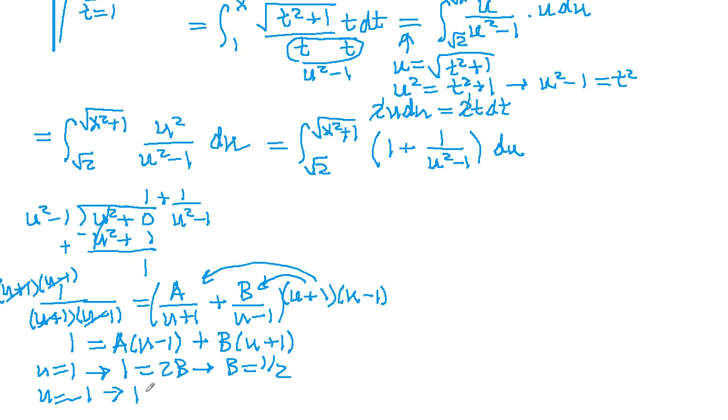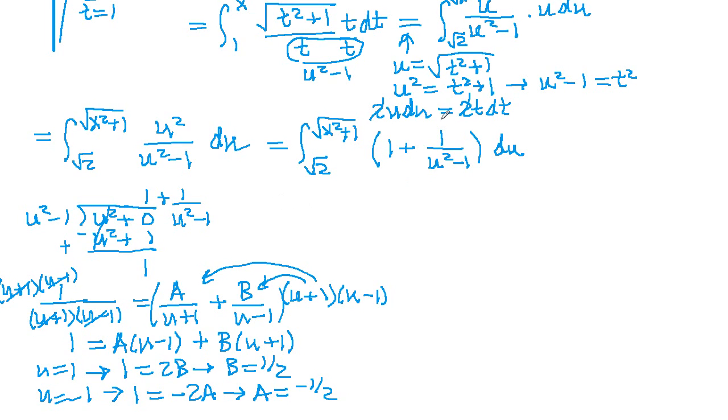It'll give 1 equals -1 minus 1, -2a. And then -1 plus 1, the b term cancels out. So that'll be a is -1/2.